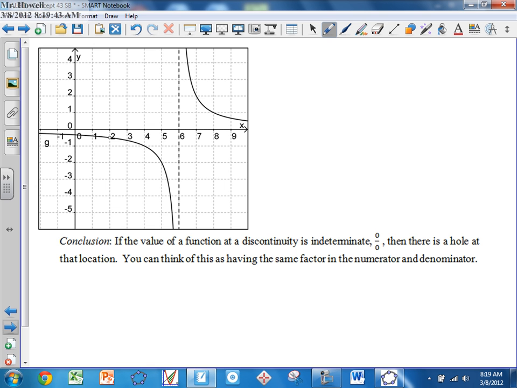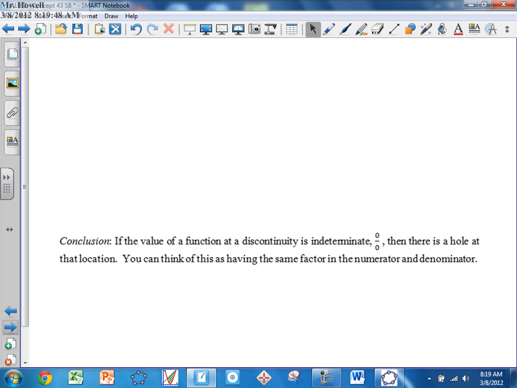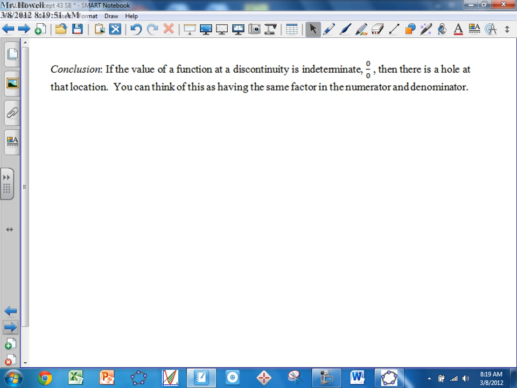So ignore the graph because this graph is not correct. Again, that was the typo. Let's just look at the conclusion. Conclusion. If the value of the function at a discontinuity is indeterminate, which is 0 over 0, then there's a hole at that location. And again, the second sentence says the next.